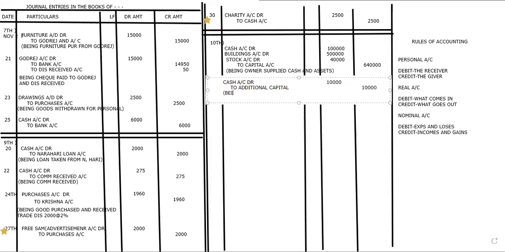So simply we'll write being additional capital invested, because when talking about household, it is unnecessary for us. The transaction is unnecessary. Only business related we are supposed to take. That is the reason I'm going.